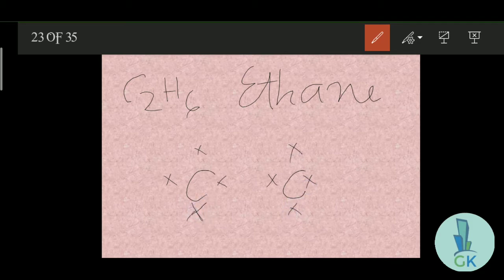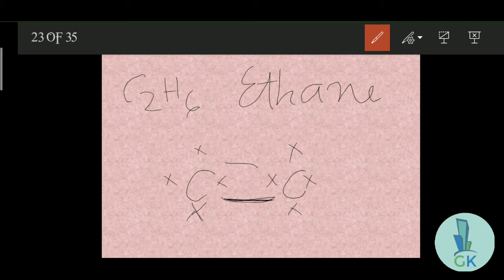We will need 4 more electrons to fulfill the octet of both the carbons. The 2 carbons will get bonded by sharing these 2 electrons. By sharing these 2 electrons, they will form a single bond.